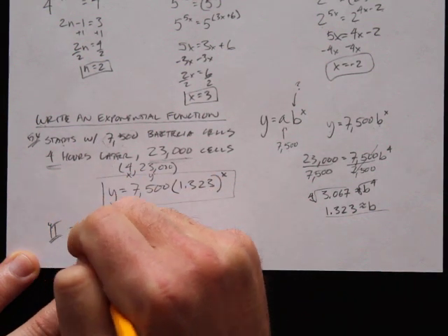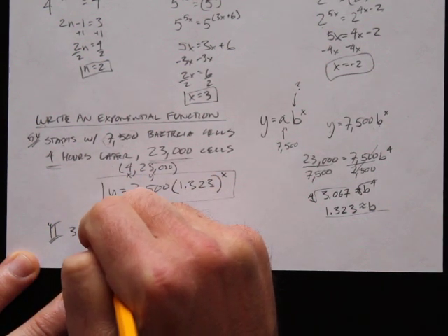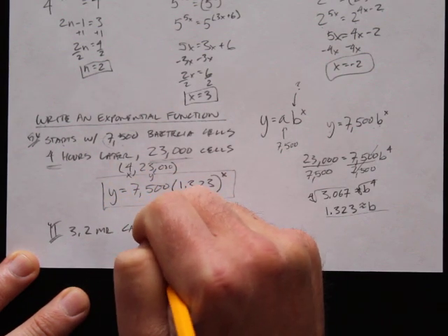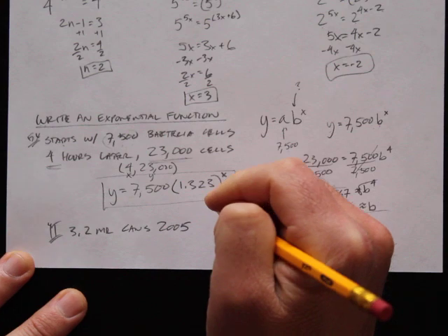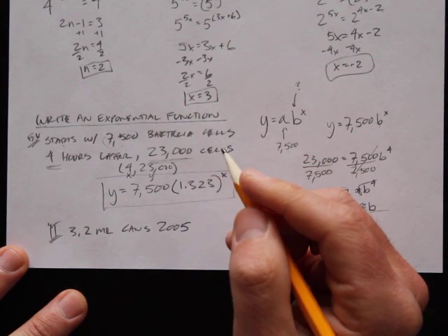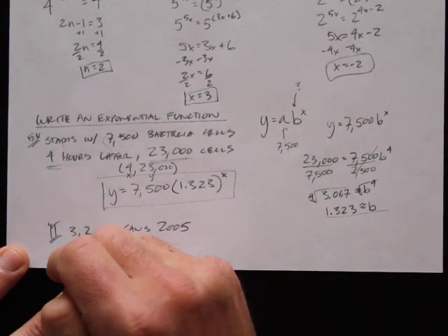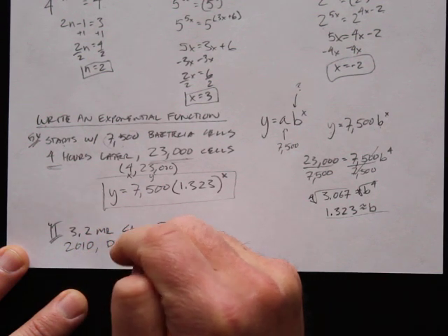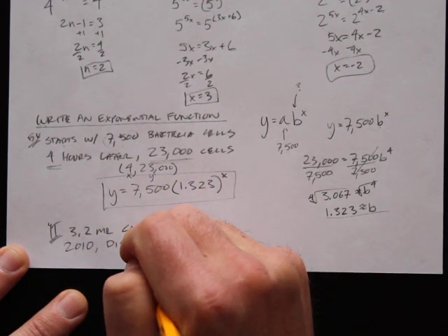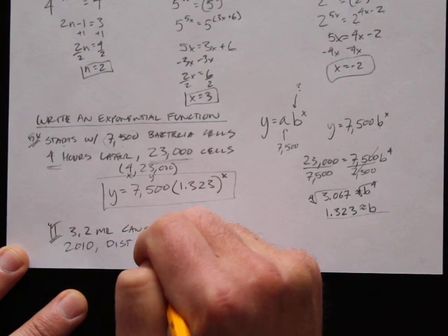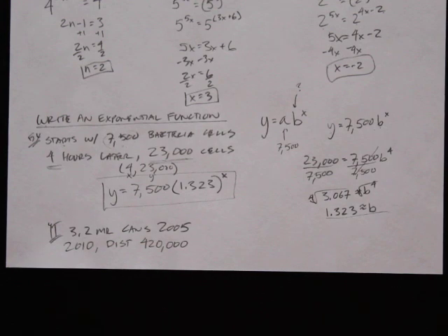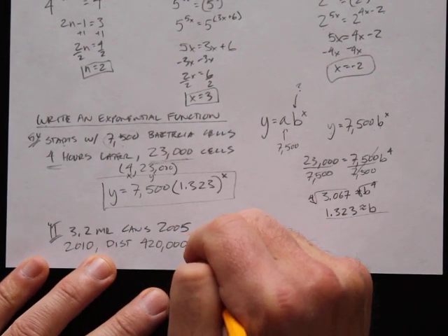Okay, let's have a you-try. I've got 3.2 million cans in 2005. This is a recycling plant or something. In 2010, we destroyed just something like 420,000 cans.